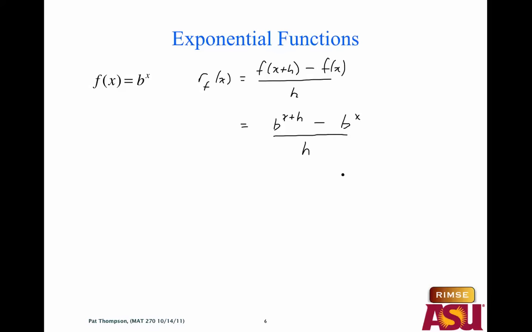Okay, there's kind of only one place we can do anything here. The only place we can do anything here is right here. What is b to the x plus h? Right, so that's what? X plus h number of b's multiplied together, right? It's b times b times b times b. How many b's? X plus h of them.